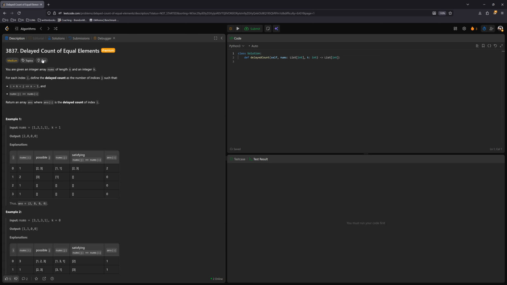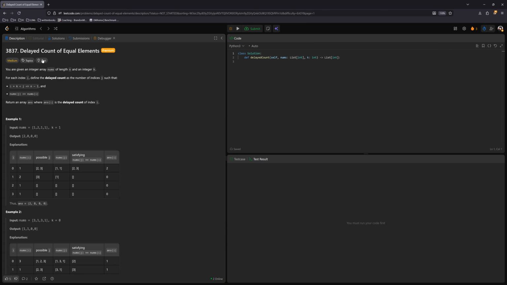All right, let's see if the example makes it clear. Input nums equals 1, 2, 1, 1, and k equals 1. What is k again? i plus k is less than j. Okay, for each index i, length n.